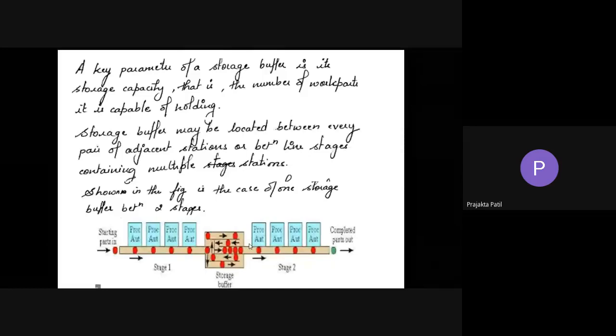In order to avoid that, so that if one workstation breaks down the whole production line does not break down, buffer storage is very important. So when you split the production line into stages, you can at least have stages working fine instead of the whole production line getting shut because of a breakdown at one of the workstations.